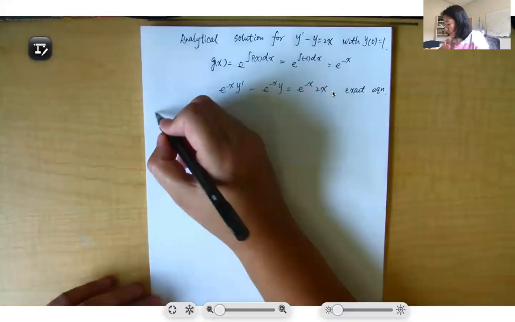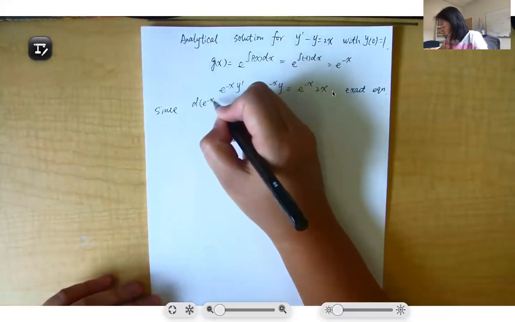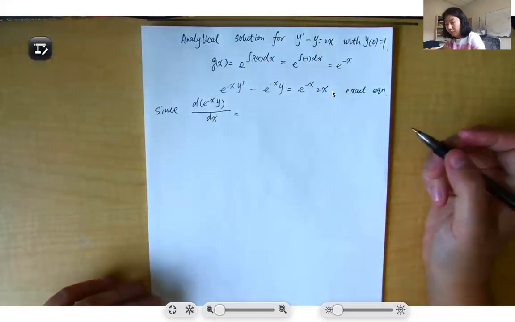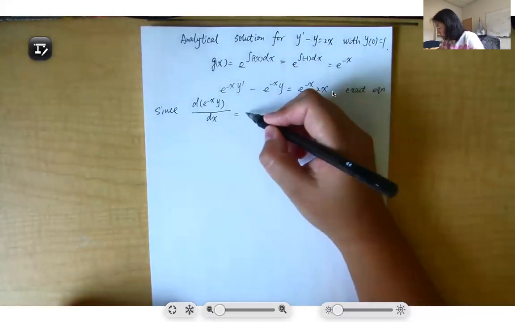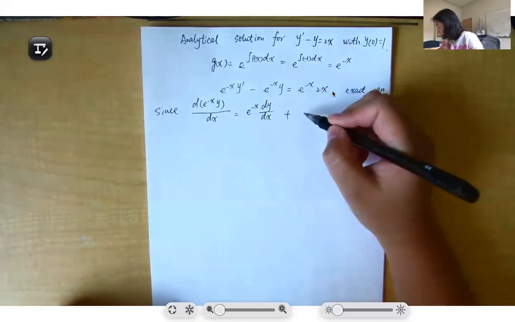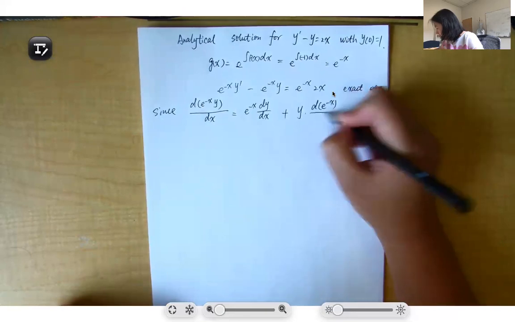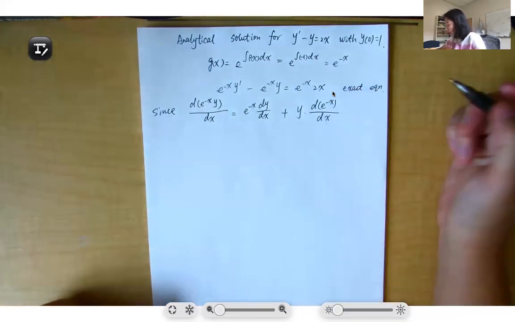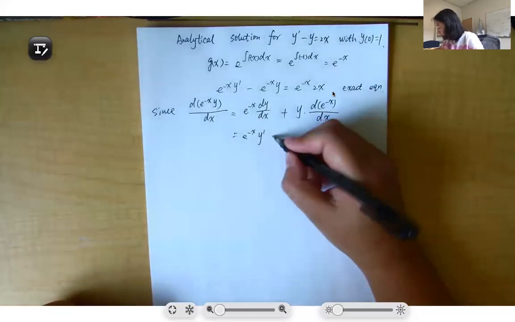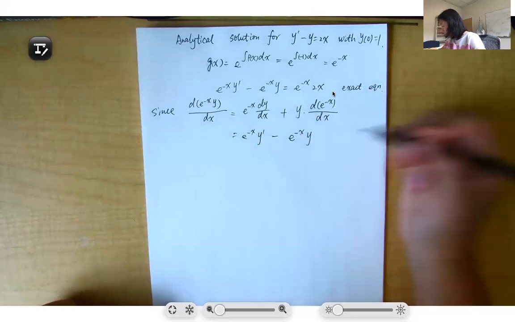This is an exact equation. And we also know that d(e to the minus x y)/dx will be equal to e to the minus x dy/dx plus y times d(e to the minus x)/dx. And that is equal to e to the minus x y prime minus e to the minus x y.